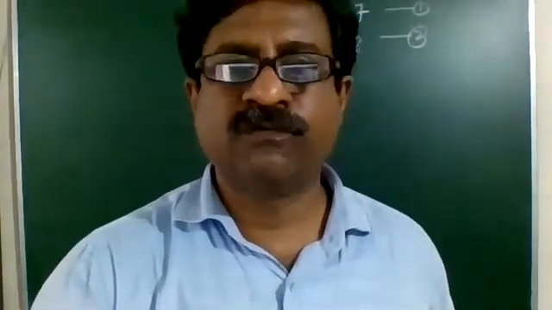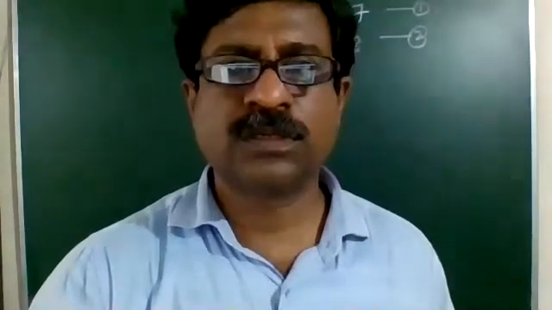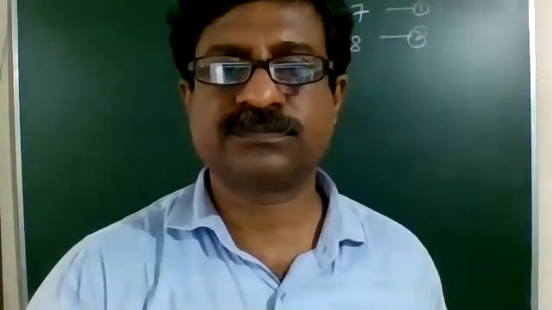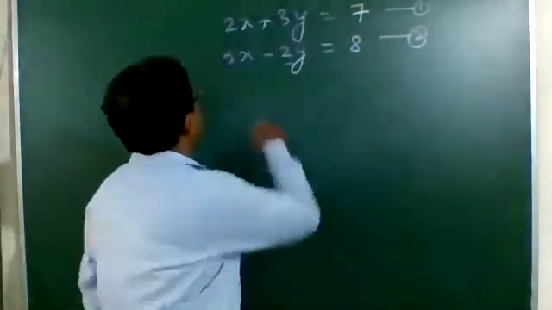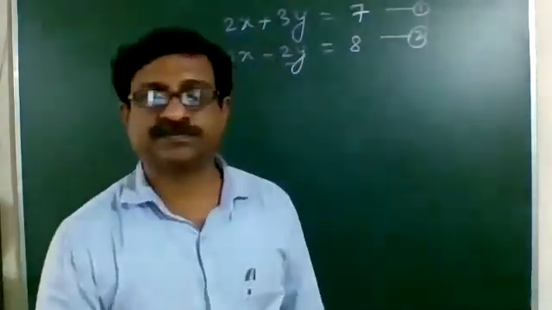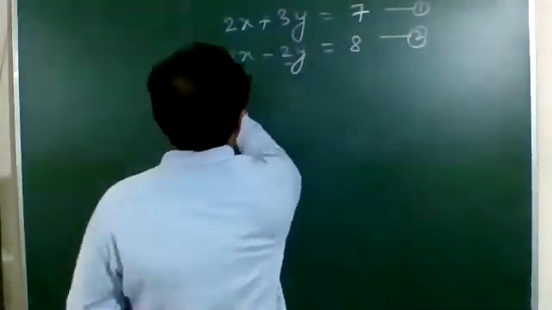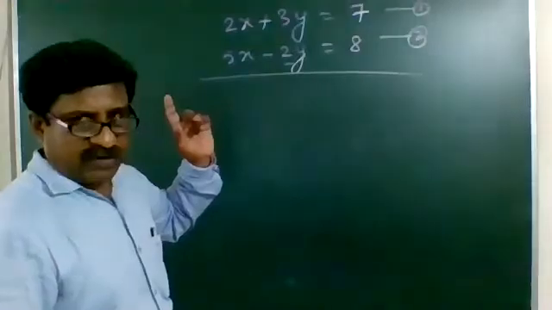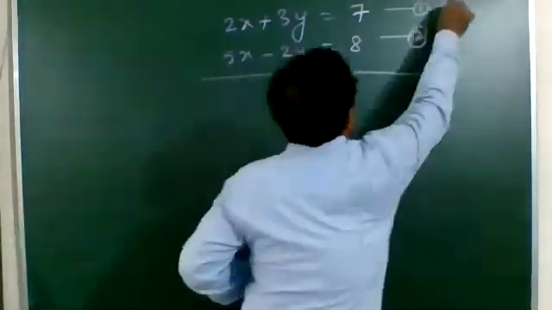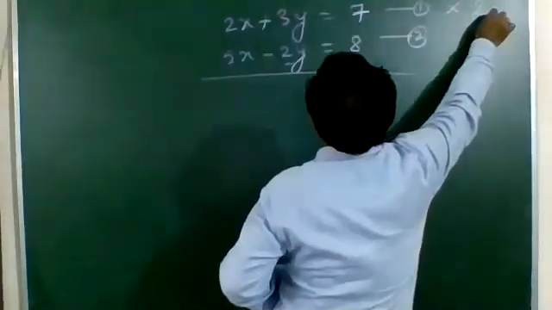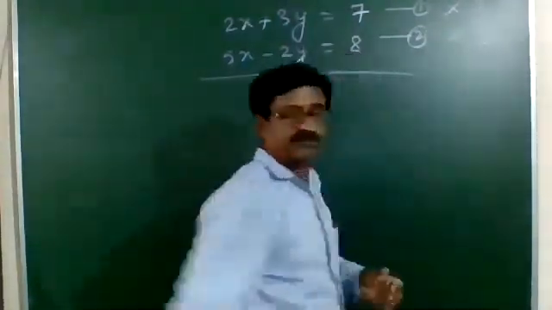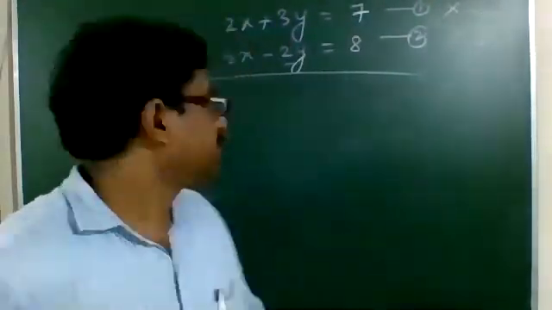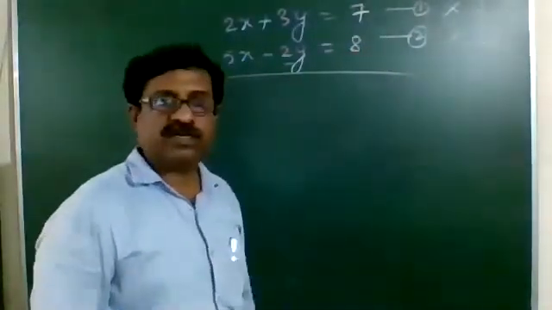Therefore, we have to change that. What do we have to do? We multiply this equation by 2 and we multiply this equation by 3. Just opposite: here we are taking 2, here we are taking 3.